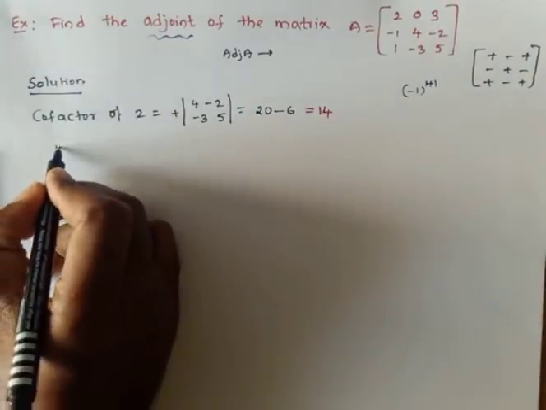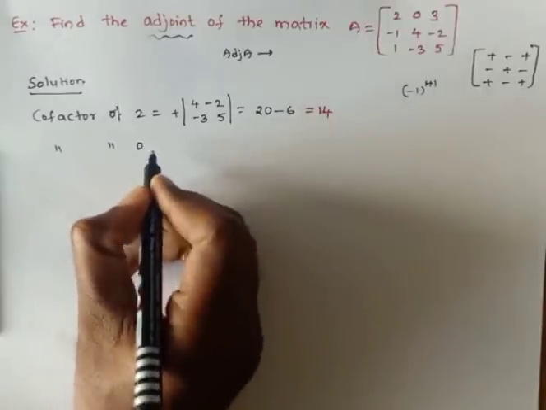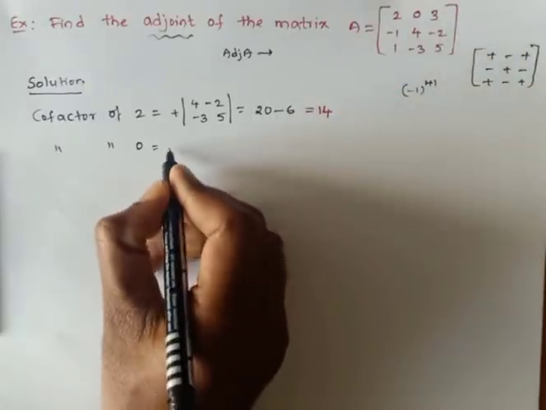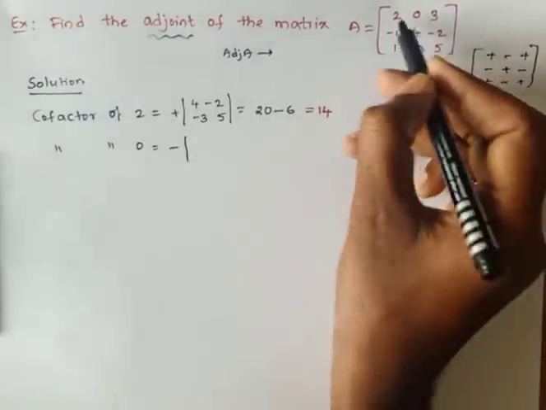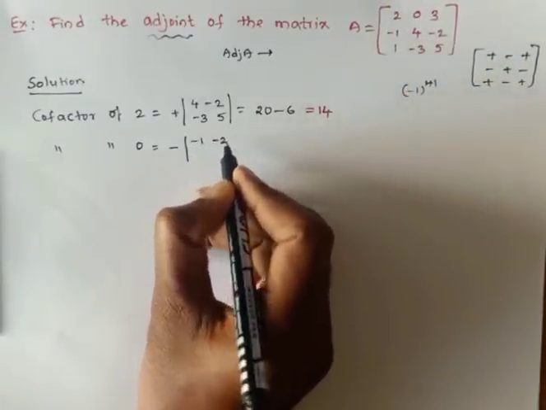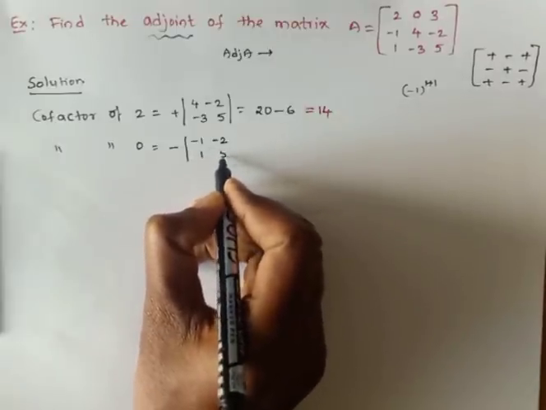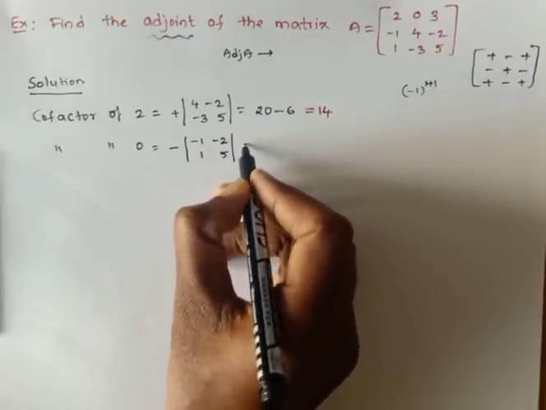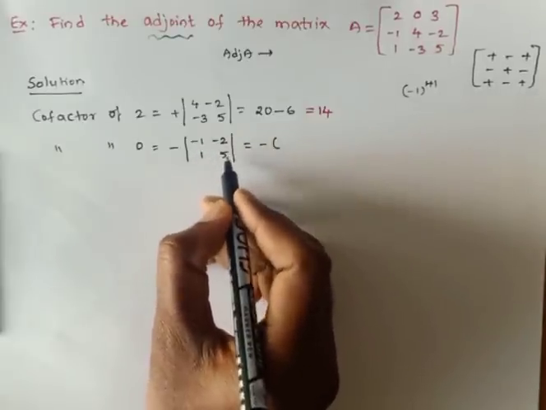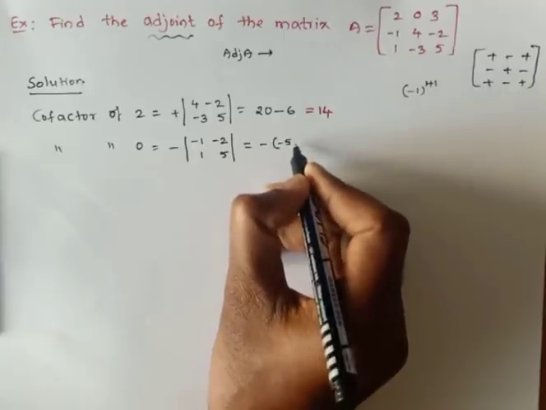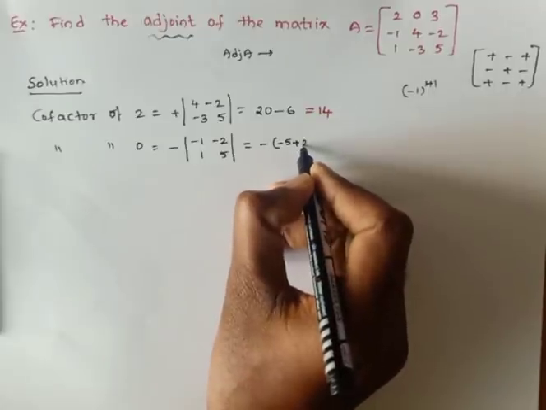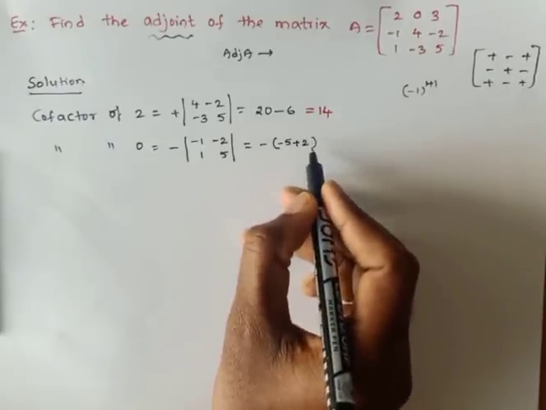Similarly, find the cofactor of 0. The element's sign is negative times the minor. By deleting this row and column, we get the elements -1, -2, 1, 5. Now the determinant: -1 times 5 is -5, and -1 times -2 is plus 2, so -5 plus 2 is -3.